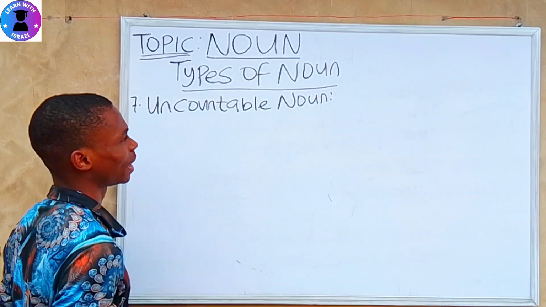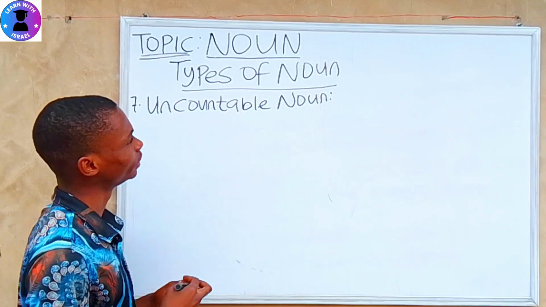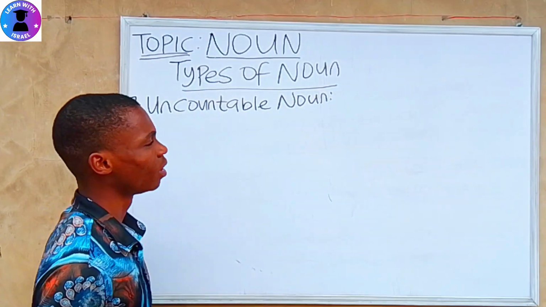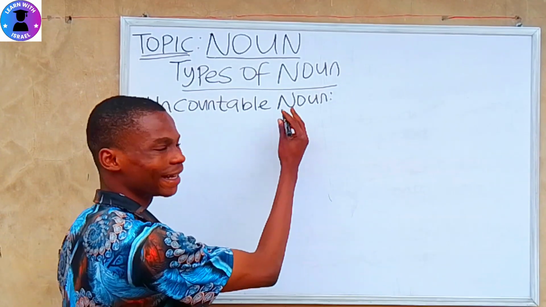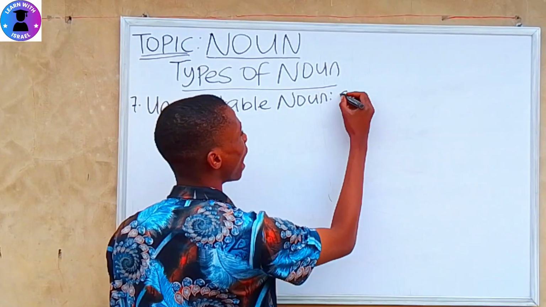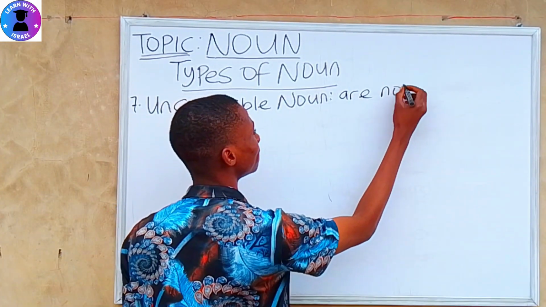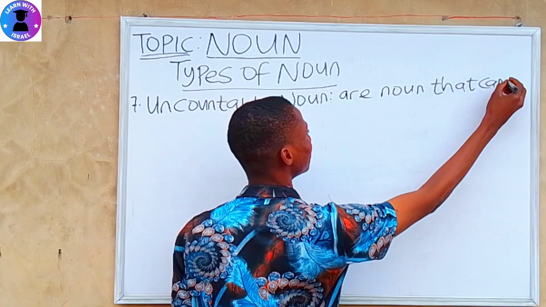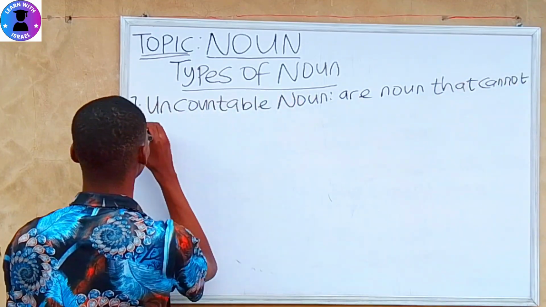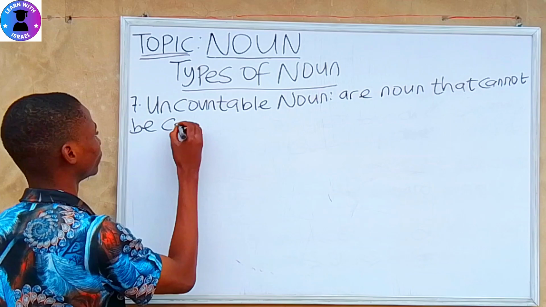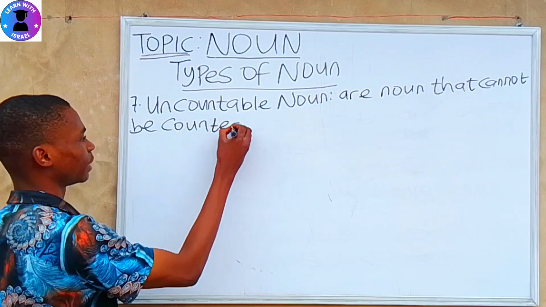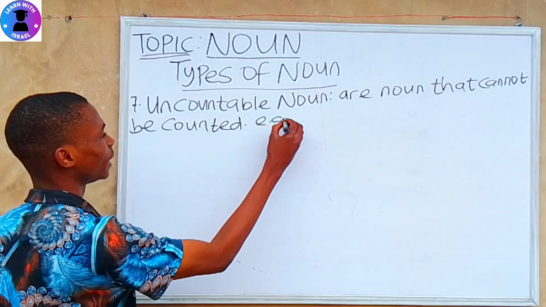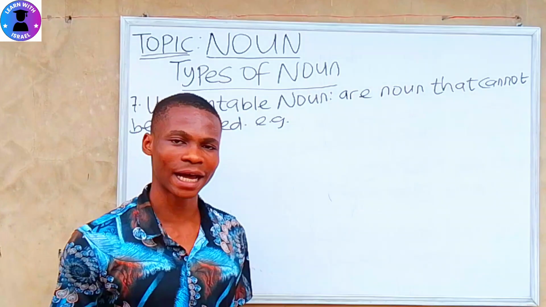So the last type of noun that I'll be treating is uncountable noun. Uncountable nouns are nouns that cannot be counted. Countable nouns can be counted, while uncountable nouns are nouns that cannot be counted.